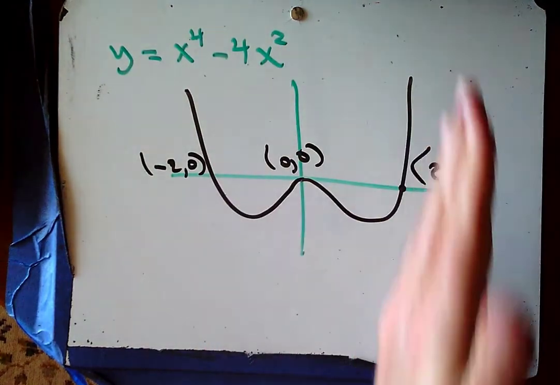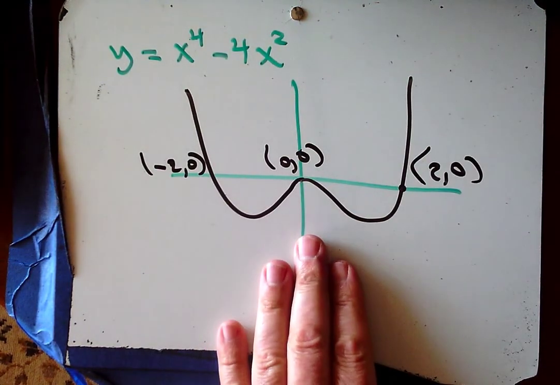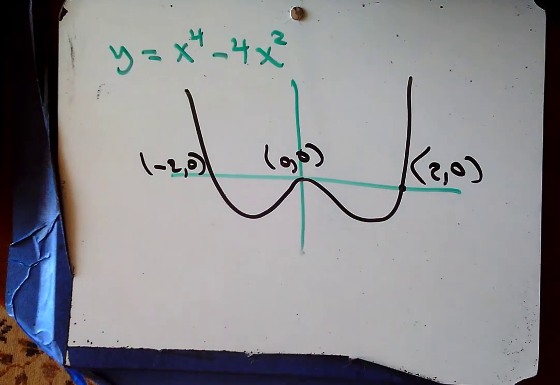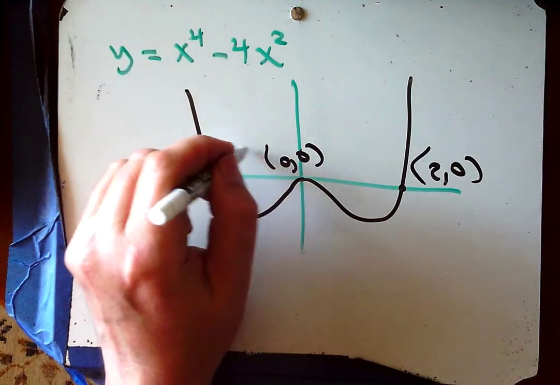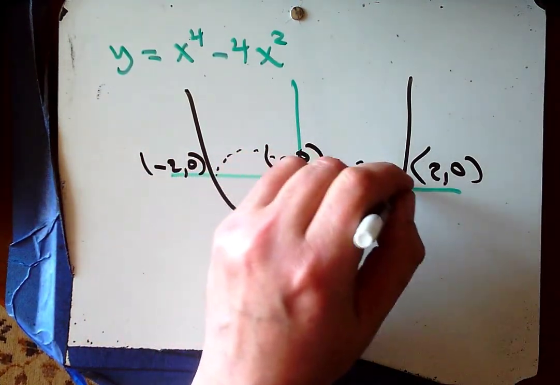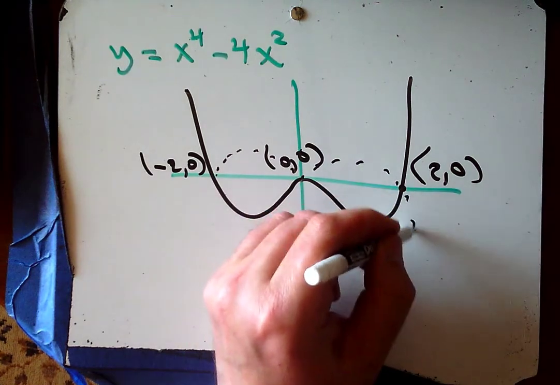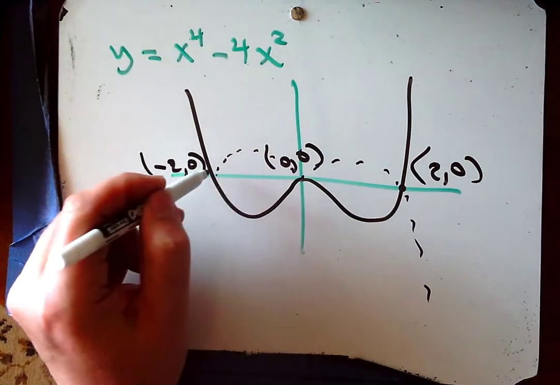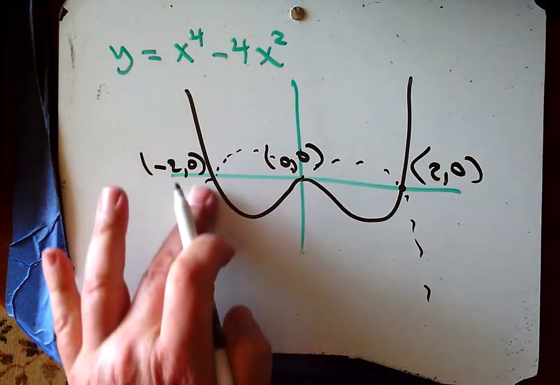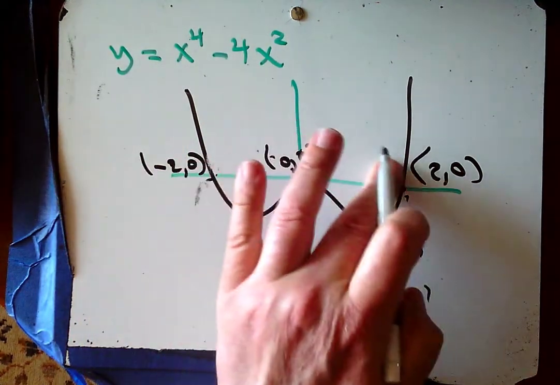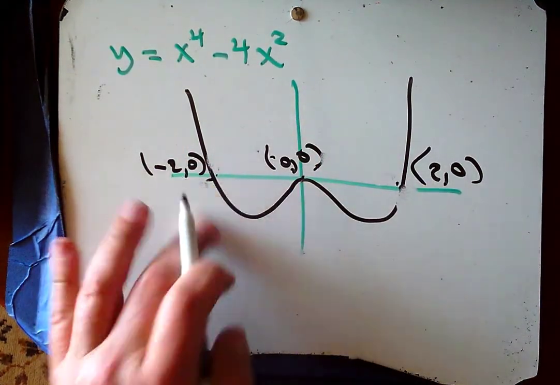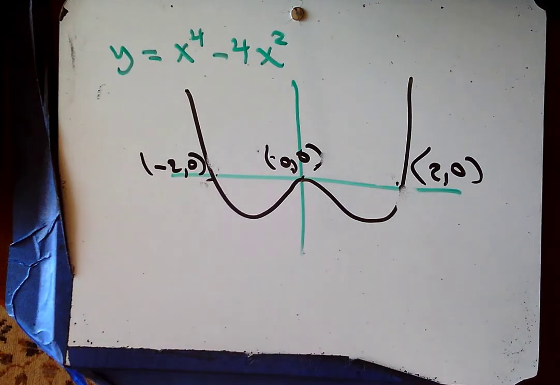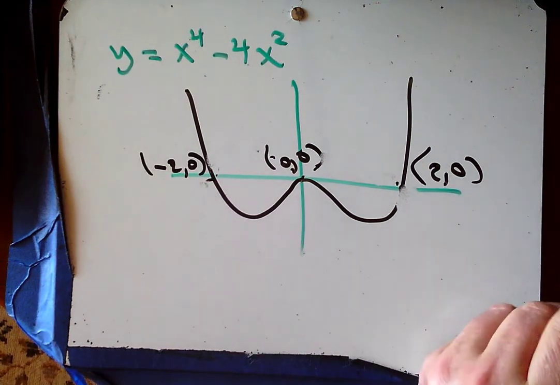Yes, it passes the vertical line test. Does this function have x-axis symmetry? No, because if it did, I'd see these things reflecting up here, and this part reflecting across as well. I don't see that, so it's not x-axis symmetry. Oh wait, of course it's not x-axis symmetry. Things with x-axis symmetry will never be functions.